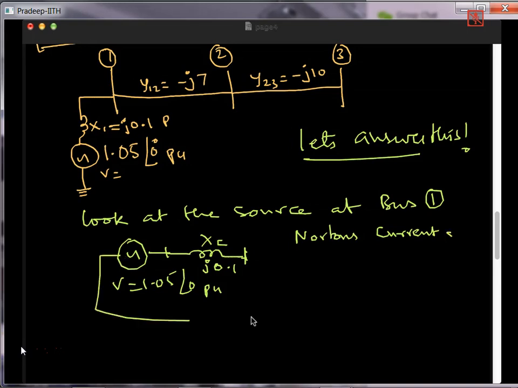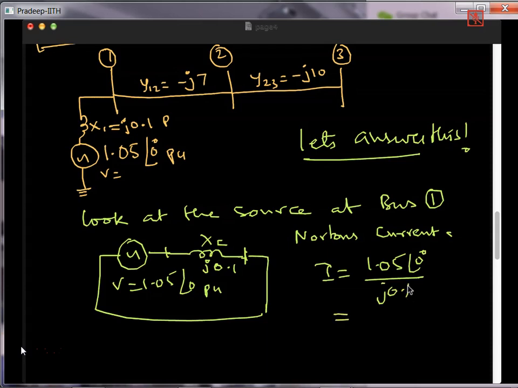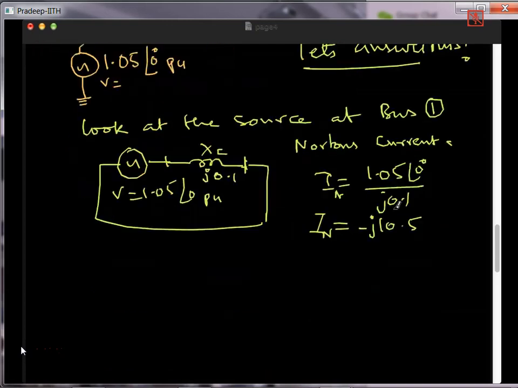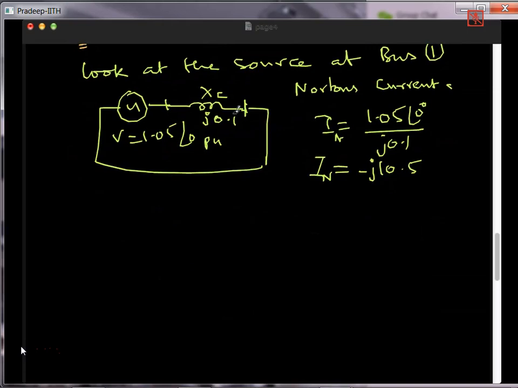So if you just short circuit this, what is the current? So I equal to 1.05 angle 0 degrees divided by J0.1. So that will be 10.5 with minus J. So this is I Norton's. So you can actually replace this with a network like this.